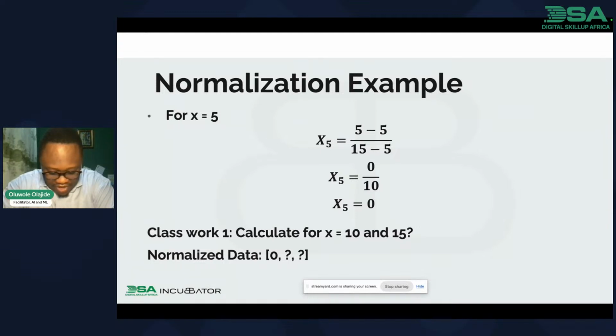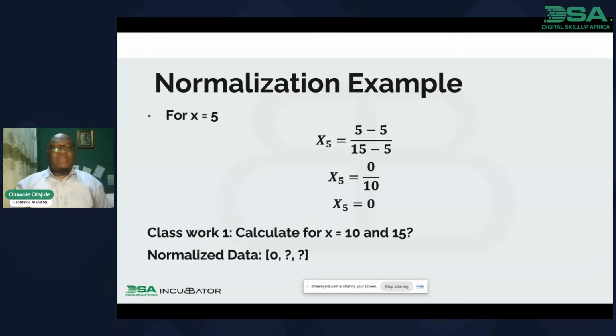Okay. 0.5, 0.5, 1. Fantastic. So it means that we are following. Exactly. That is great. So you can see now that our normalized scale, by the time you add these answers here, you are going to be having 0, 0.5, and 1.